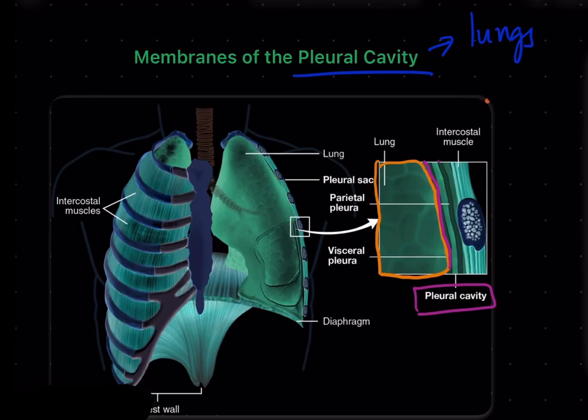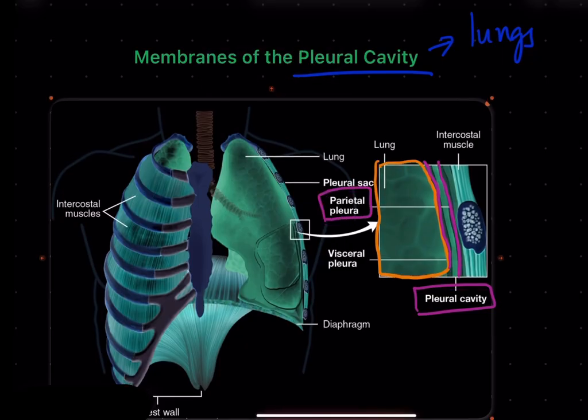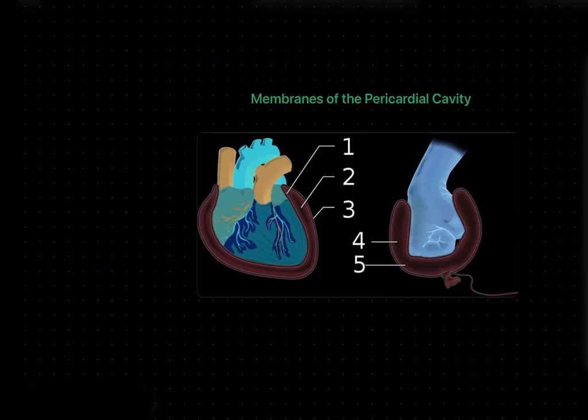And we have the parietal membrane right here, okay? Since the parietal membrane is in the pleural cavity, we call it parietal pleura, and we call the visceral membrane the visceral pleura. So that's the membranes of the lungs, all right?